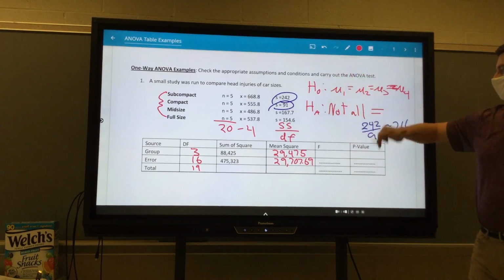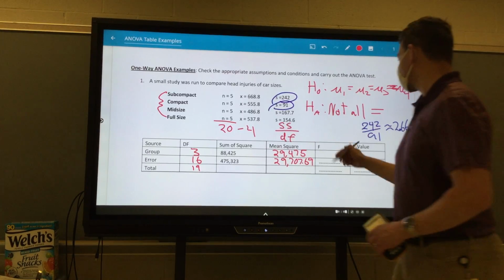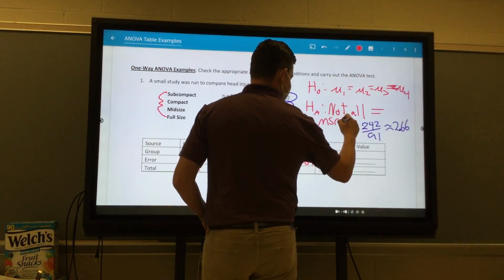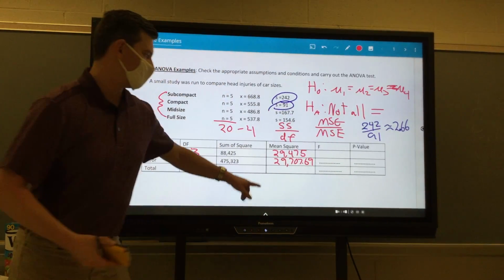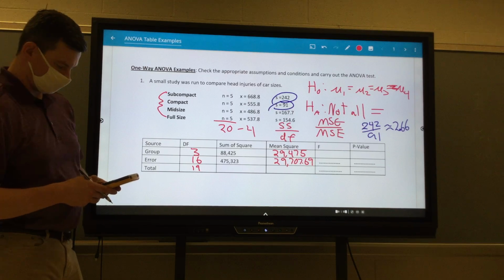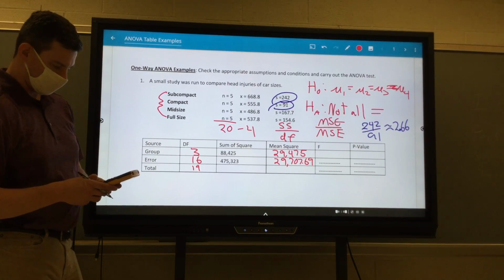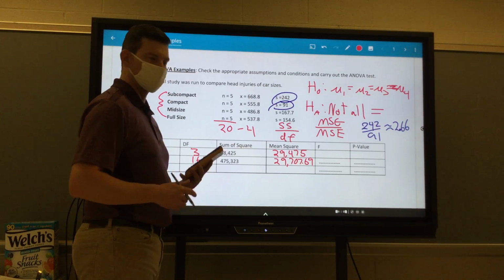All right, jumping back into it, this F test. Remember, the F statistic, MSG divided by MSE, these numbers are pretty close to each other. 29,475 divided by 29,707.69, and we have the smaller number on top.